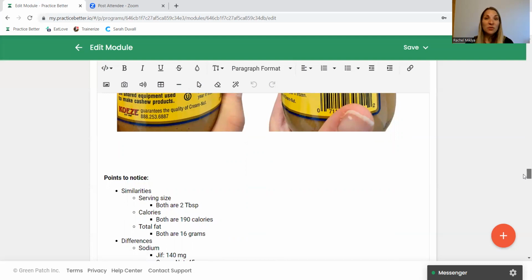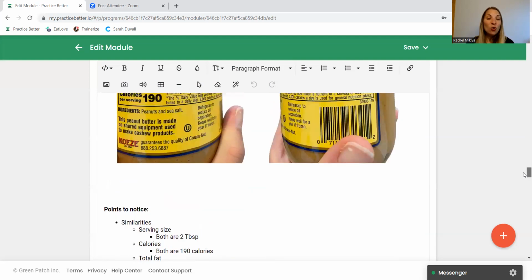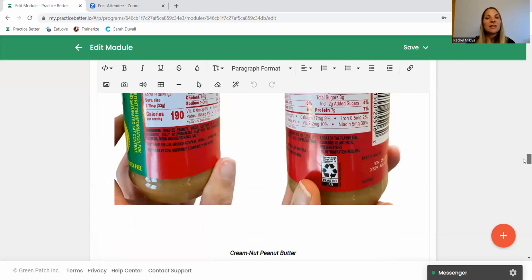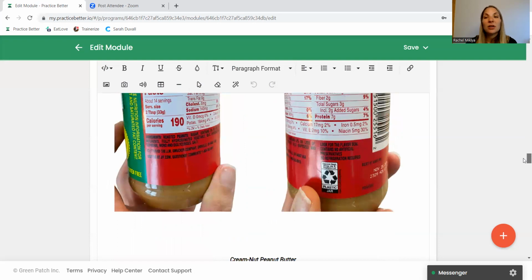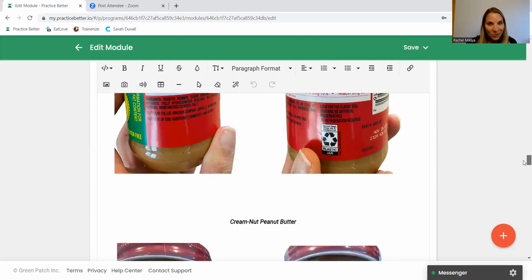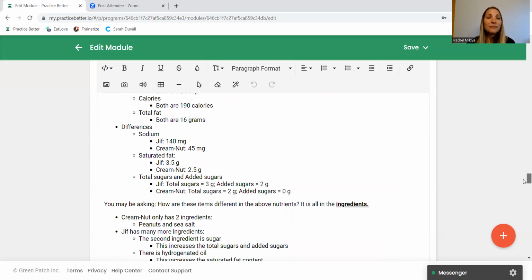Both are 2 tablespoons for a serving size. Both calories are 190. Total fat, both of them are 16 grams. So somebody that's not reading the ingredients list might say, oh, they're similar, or if they're just looking at the calories in something. But that's why we say let's dig a little deeper, because there are differences.